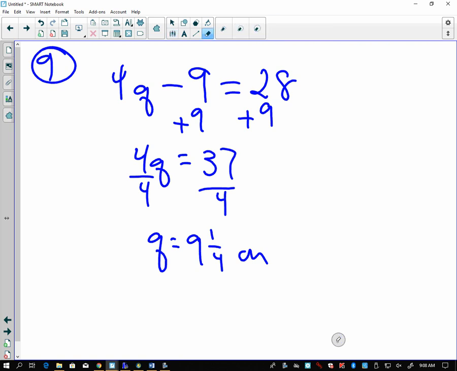In a perfect world, if we'd gotten something just a little bit different, let's say we changed this up here to 29, then this down here would have been 38. Does 4 go into 38 at all? No?